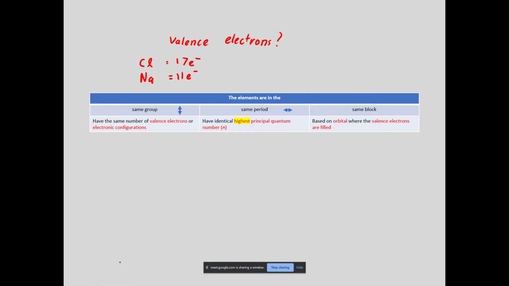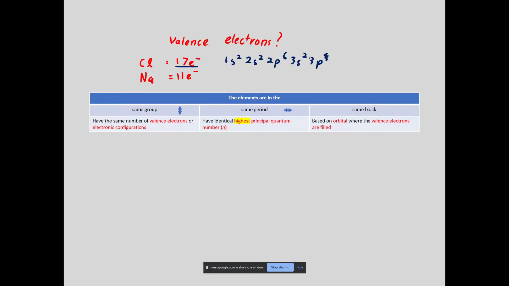So let's susun dulu. So susun the 17 electron guna SPDF notation. So we have 1s2, 2s2, 2p6 ada 10, and then 3s2, 3p6, 10, 6, 7, 8 dah lebih dah ni.